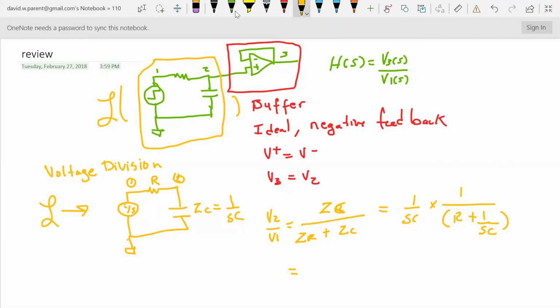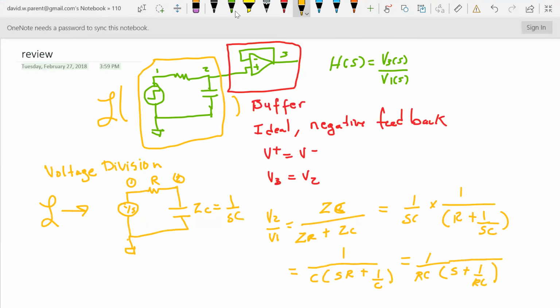So we'll multiply through by S, and we'll get 1 over C over SR plus 1 over C. And then what we'll do is we'll take out an R from here. So we get 1 over RC over S plus 1 over RC.